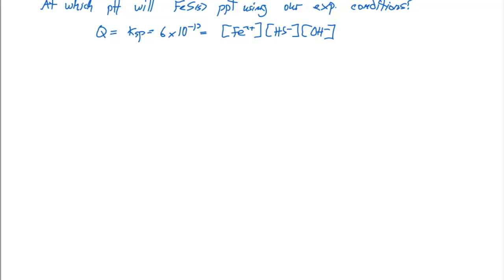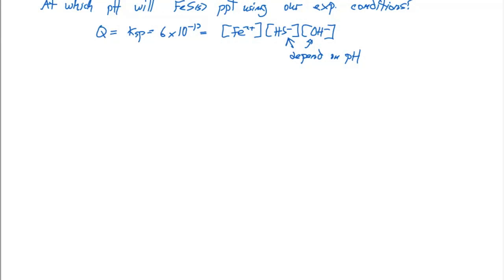Both the OH- and the HS- are going to depend on the pH. Once I write out this expression, I'll show you how increasing the pH will make Q larger in each case.